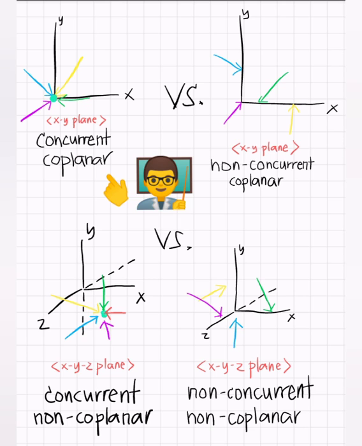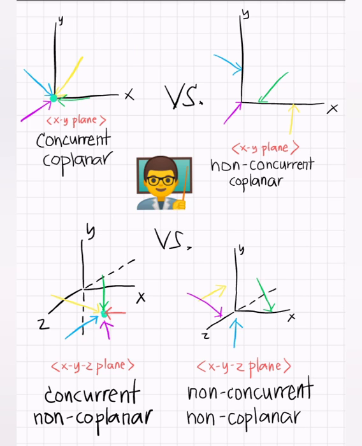Upper left corner represents the concurrent coplanar force system in the XY plane. Notice that the 4 forces which are represented by blue, yellow, purple, and green forces meet on a single point.